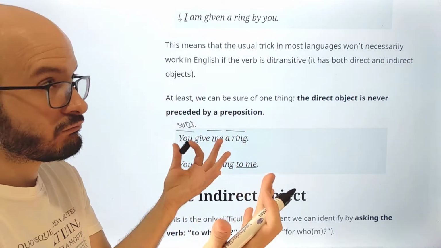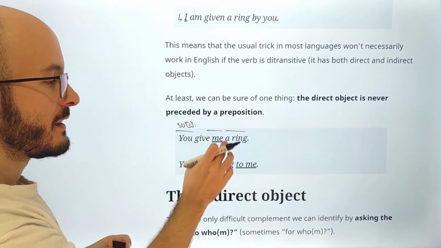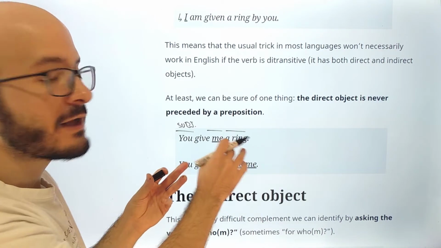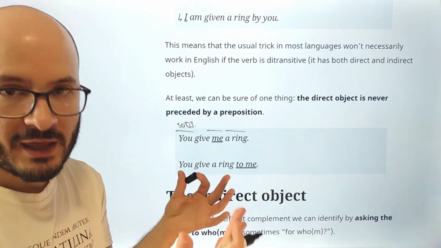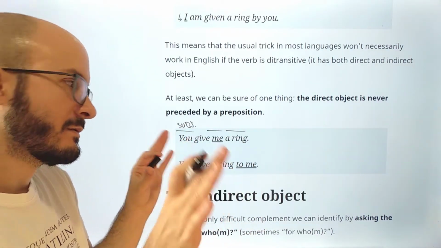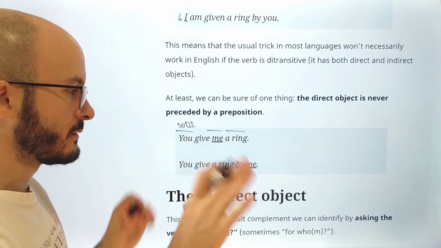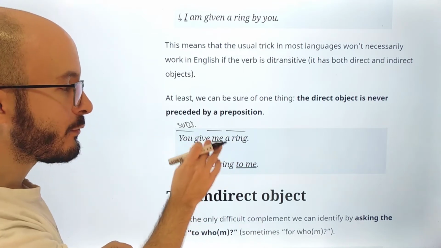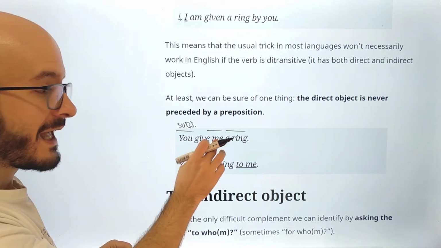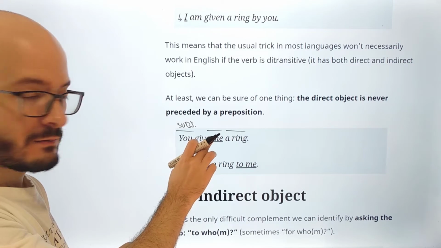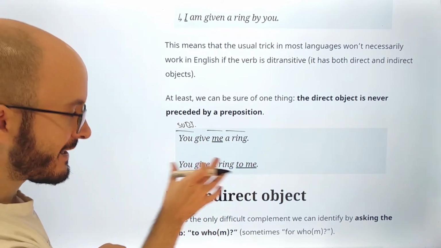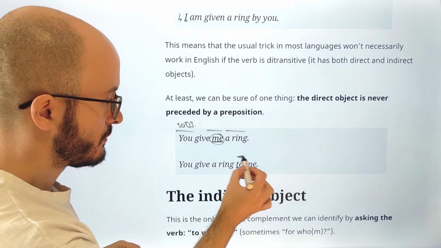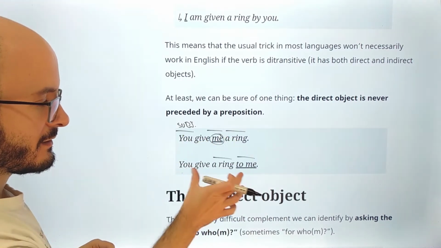Usually, like 90% of the times, the indirect object will refer to a person and the direct object will refer to a thing. But that's 90% of the times, okay? So, no? Now, in English, the indirect object can be without preposition, but also with preposition. Like the sentence means the same. I mean, of course, this sentence means the same, no?